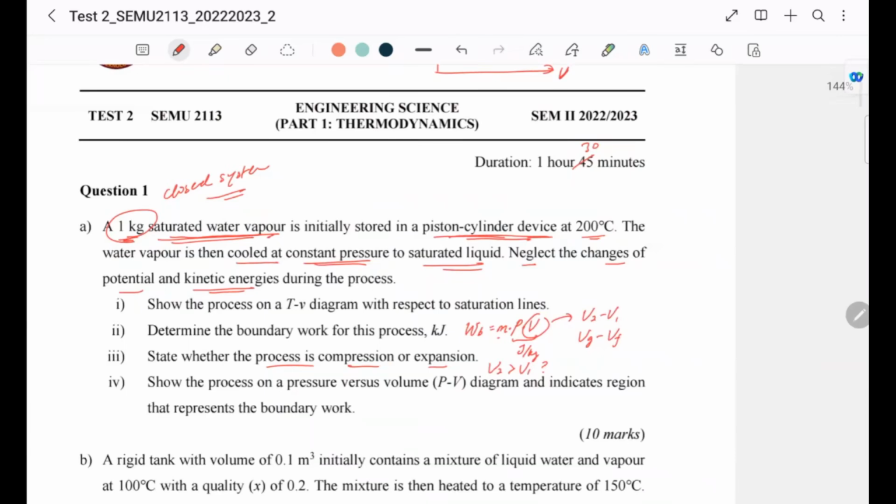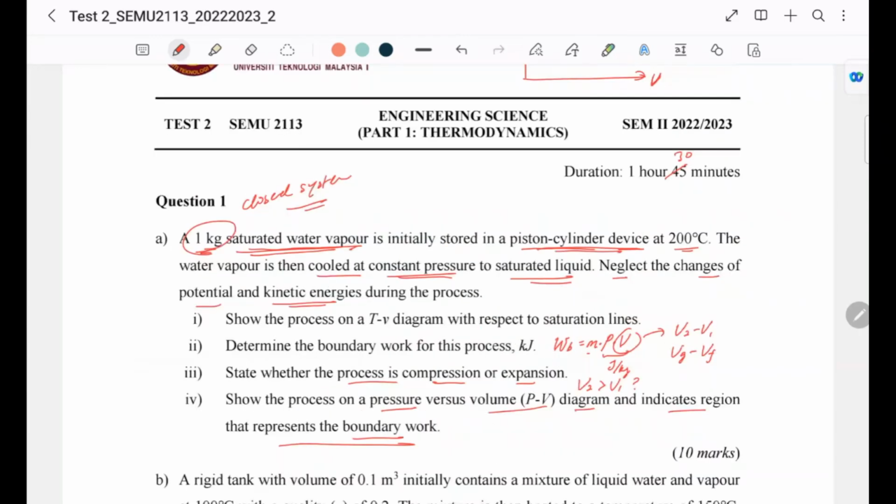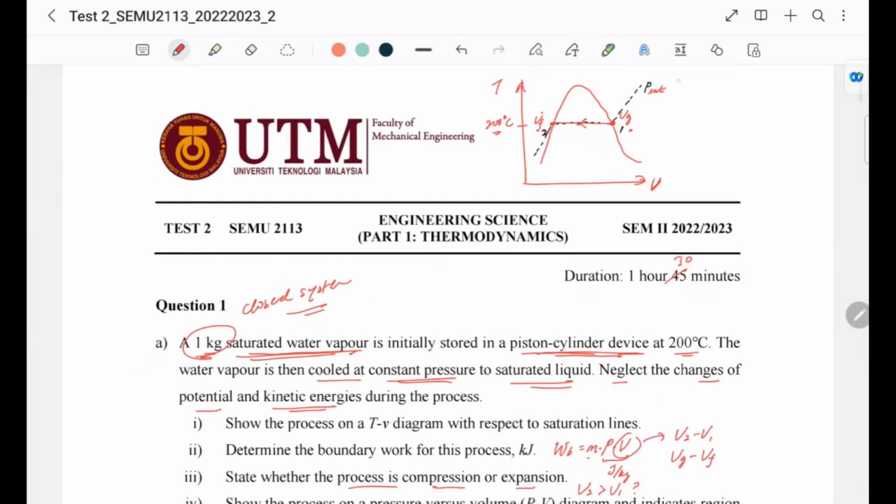And then last for this part A, show the process on the pressure versus volume diagram and indicate the region that represents the boundary work. Just now was a T-v diagram.